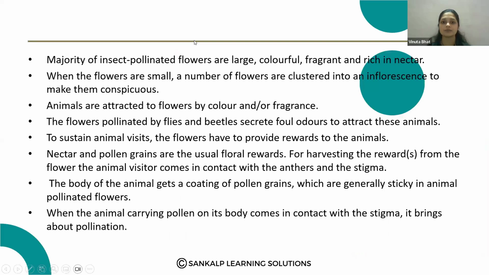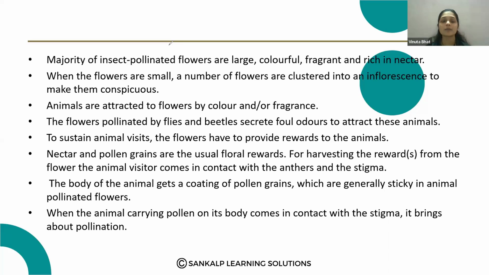Here, these insect pollinated plants are colorful, fragrant and rich in nectar. Water pollinated plants and wind pollinated plants are not fragrant, colorful or rich in nectar, because there is no need to attract insects or anything.